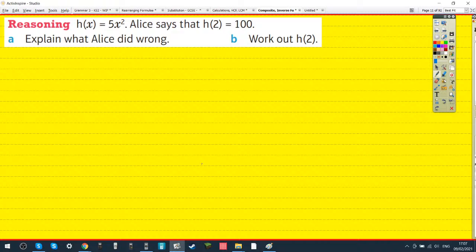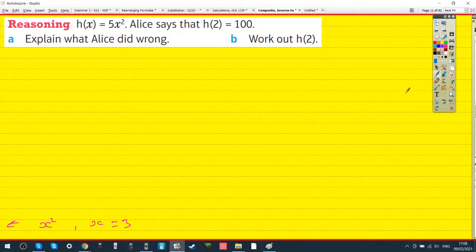How about this one? x is... h equals 100. What did Alice do wrong?